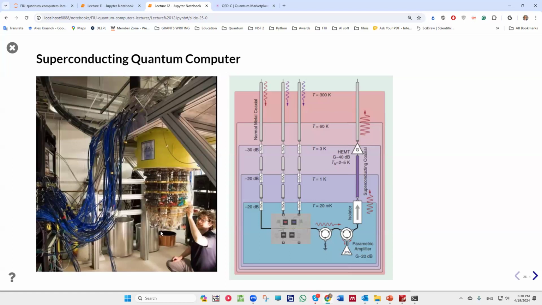Here we see different sections, right? Like 1, 2, 3, 4, maybe 5 sections. These sections are called stages, and different stages have different minimum temperatures that the stage can provide. In order to go lower in terms of temperature, we need to put in more stages, and of course there is a fundamental limit somewhere.